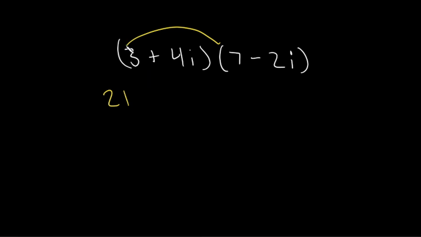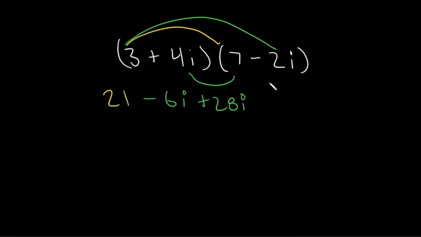Our outside terms are going to be 3 and -2i. 3 times -2 is -6, so this is going to be -6i. Our inside terms are going to be 4i and 7. 7 times 4 is 28, so that's going to be 28i. And finally, our last two terms are 4i and -2i. 4 times -2 is -8, and i times i is i squared. So we have -8i squared.